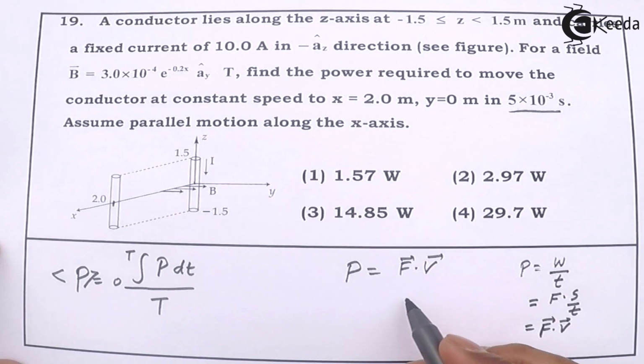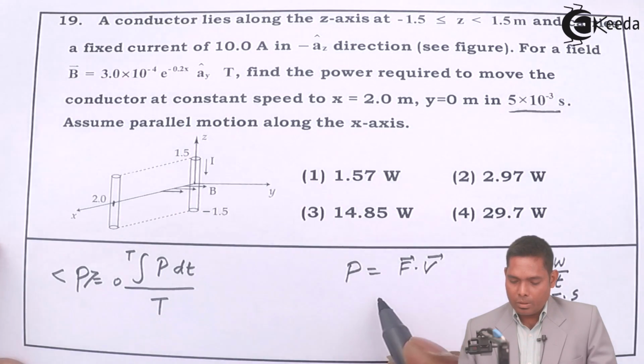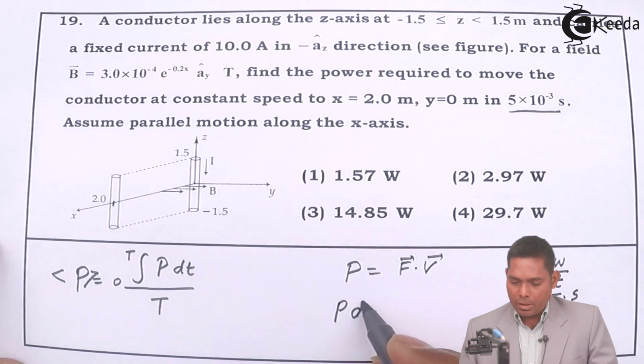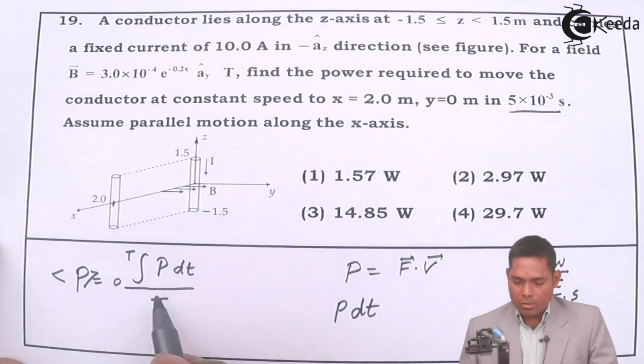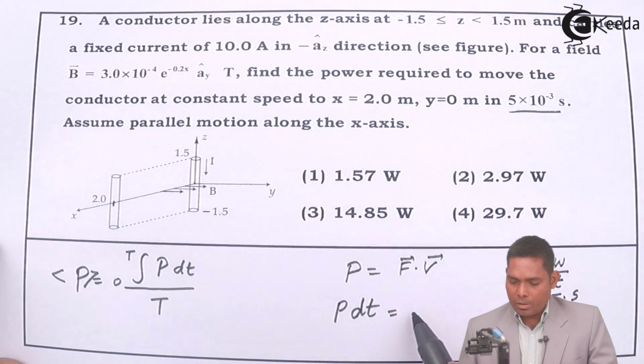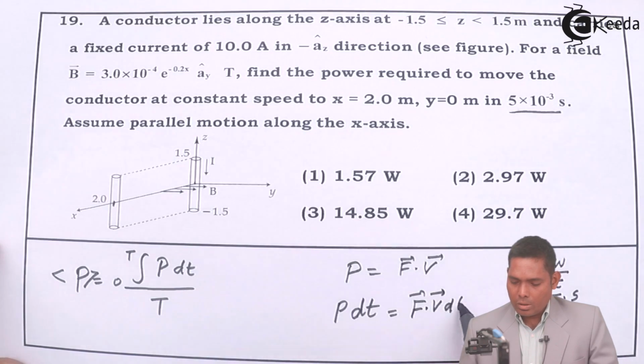Okay, let me solve a little here so that we will save our time. P dt, what will we write? Then P is F dot v, dt. This is a scalar quantity after the dot product. Then F magnitude, v magnitude, and cos of 0.